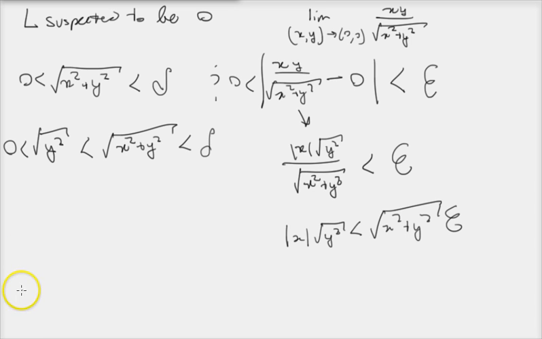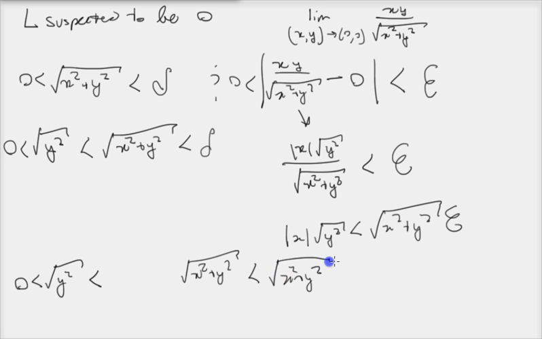Assuming that this root y squared is greater than 0, it's going to be less than, first off, if you have any constant times this root x squared plus y squared, you know that it's going to be bigger than just the root x squared plus y squared on its own, given that this is a positive constant, right? That's going to be less than root x squared plus y squared times epsilon.